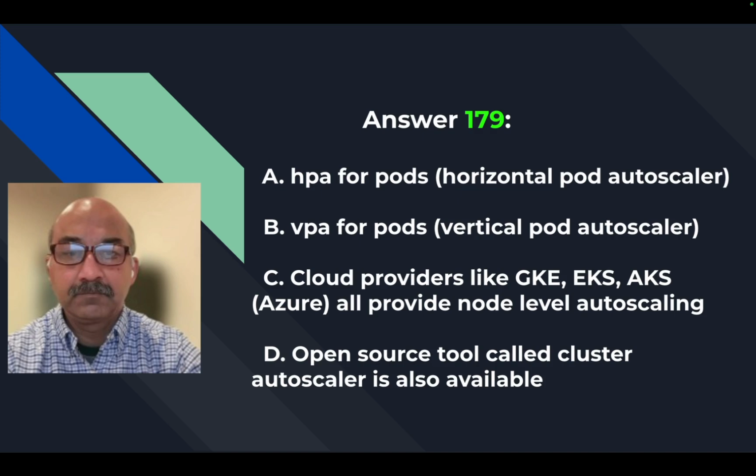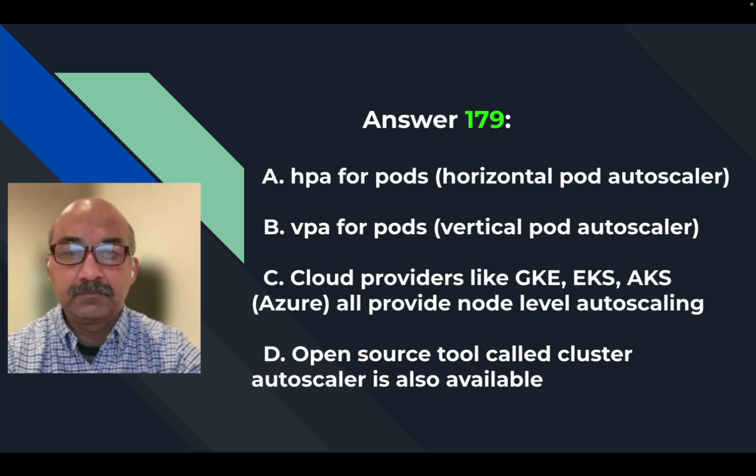Now for pods, you can do horizontal scaling or vertical scaling or both. Both of these are actually configurable items in Kubernetes through your YAML file. So if you want to scale your pods horizontally, meaning you scale up more pods as you need them, you use something called HPA, horizontal pod autoscaler.